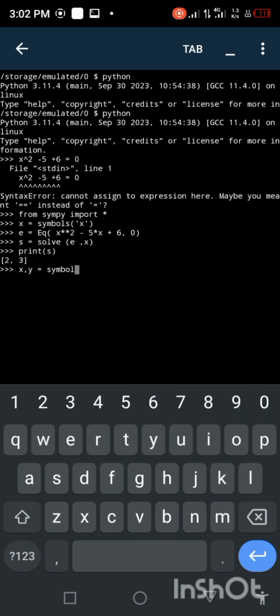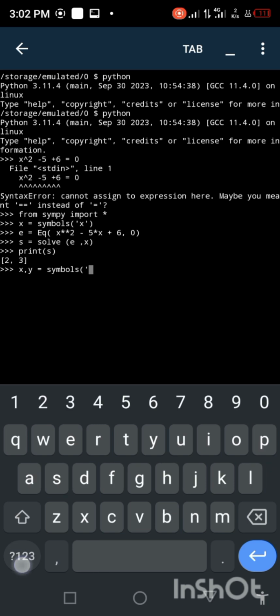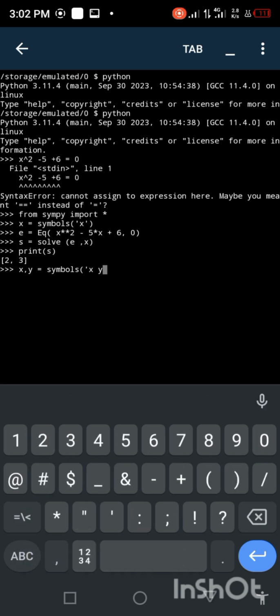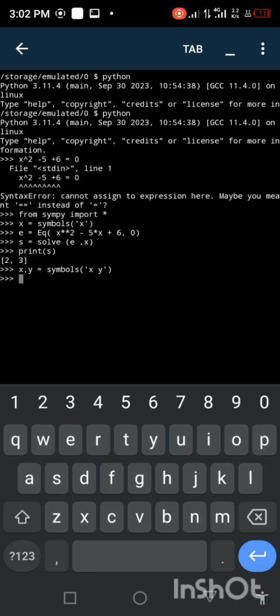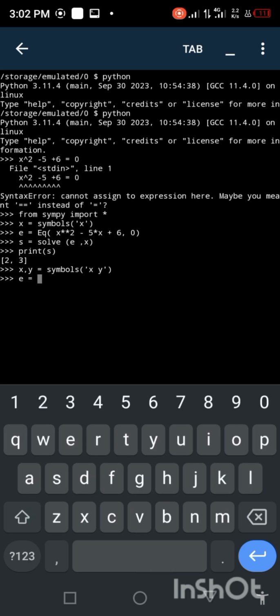Then symbols x, y, close. Okay, equation. Here is defining the equation.